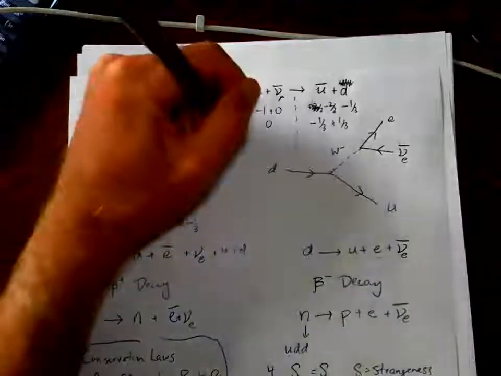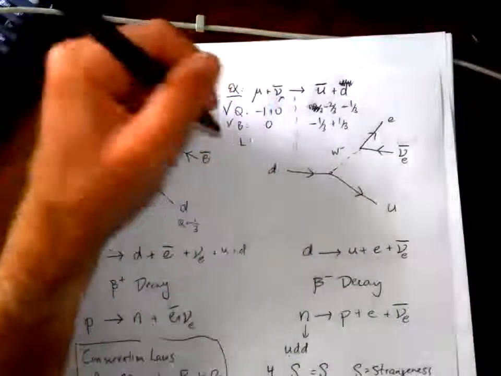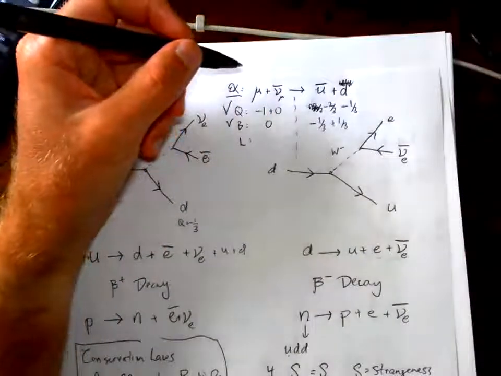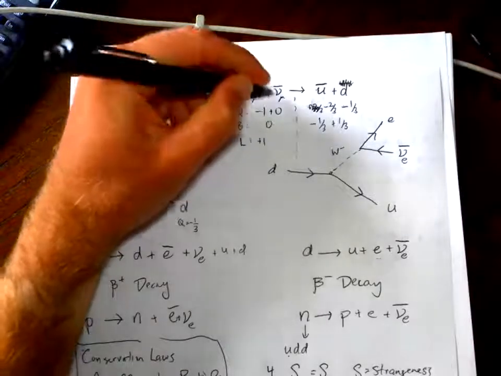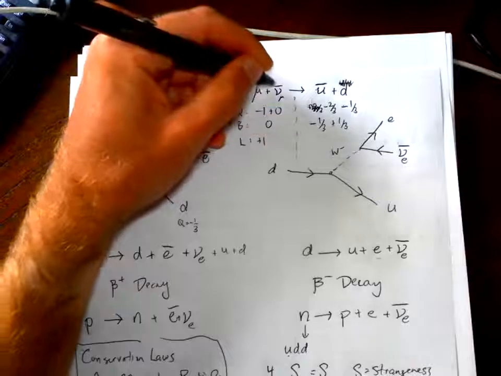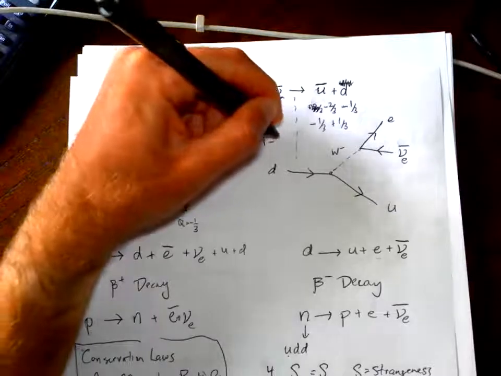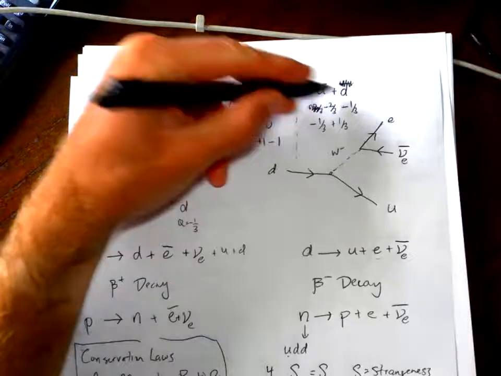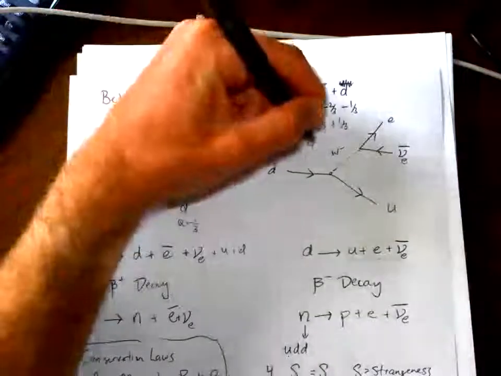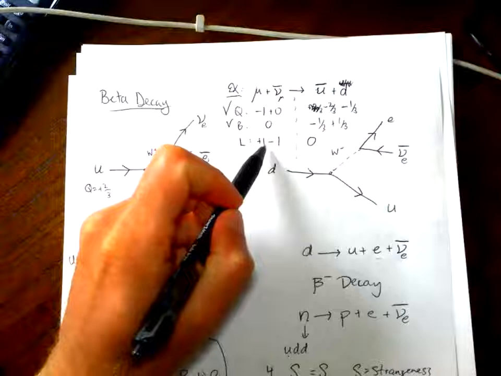In terms of lepton number, a muon has a lepton number of 1. An anti-neutrino has a lepton number of -1. And neither of these quarks are leptons, so they both have a lepton number of 0. So you can see we have 0 equals 0.